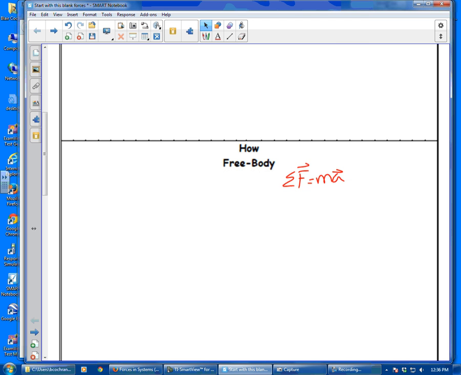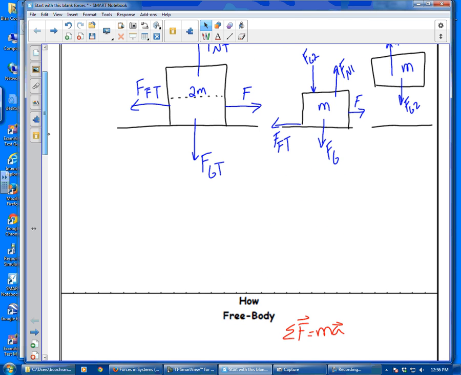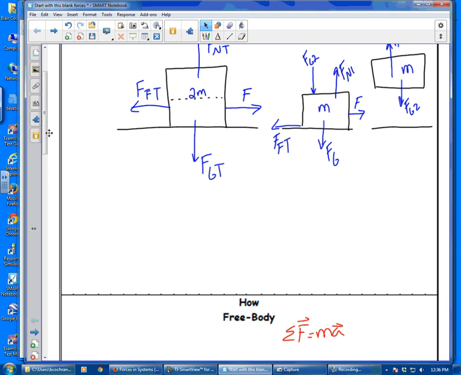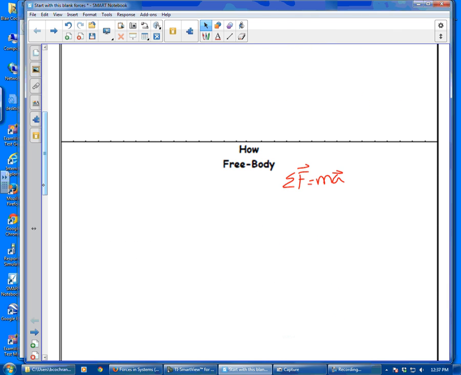I'm going to draw the free body diagram for that block as a way to write that equation, but write it as a picture. So pictorially, let me start there.